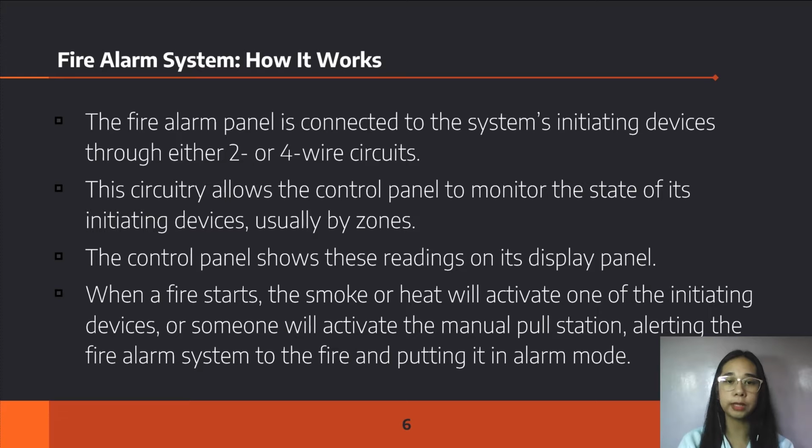The control panel shows these readings on its display panel. When a fire starts, the smoke or heat will activate one of the initiating devices, or someone will activate the manual pull station, alerting the fire alarm system to the fire and putting it in alarm mode.